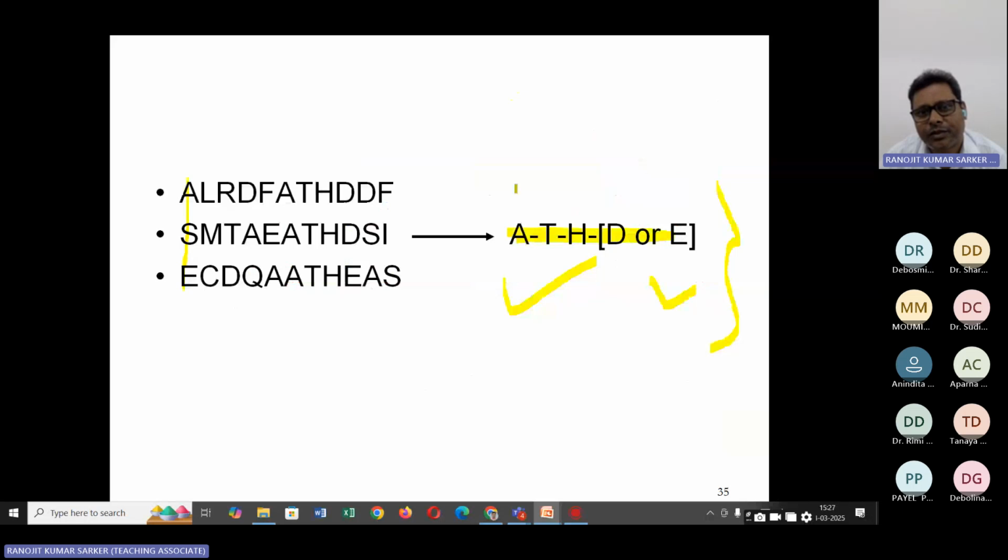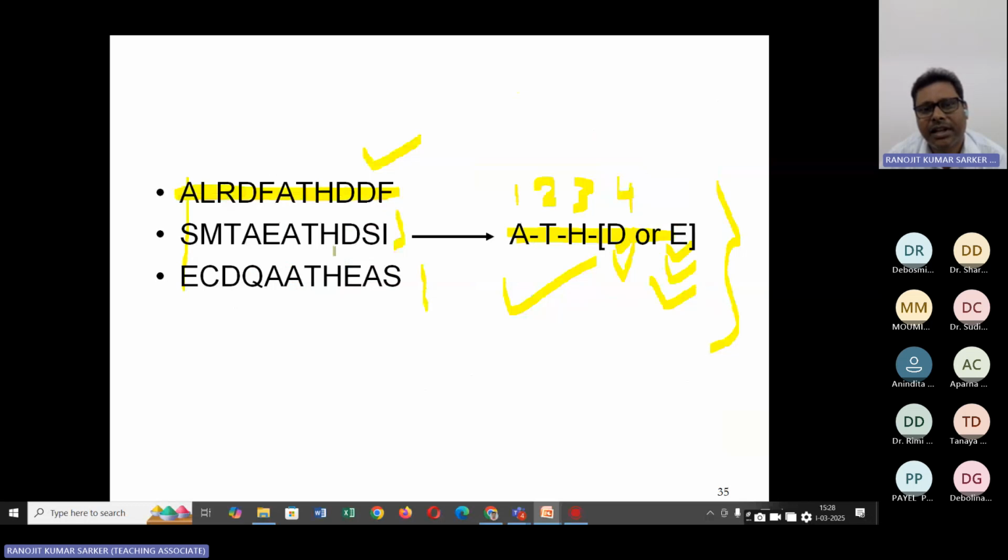It means that at position number one there will be A, at position number two there will be T, at position number three there will be H. But at position number four there will be either D or E, with a 50% chance of D and a 50% chance of E. If I use one of these sequences to search for similar sequences, I am biased to that sequence, and similarly for the others.